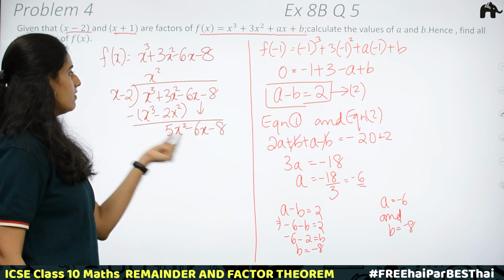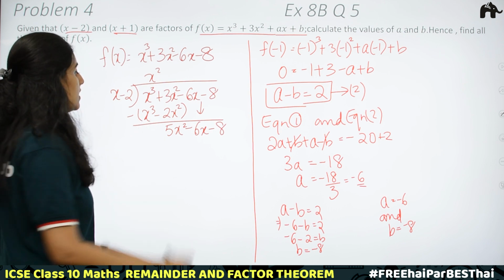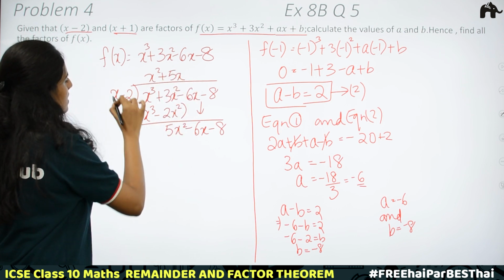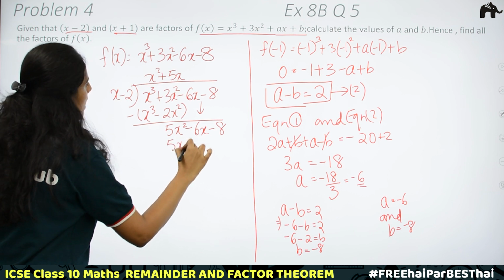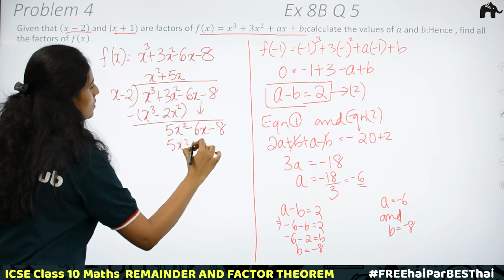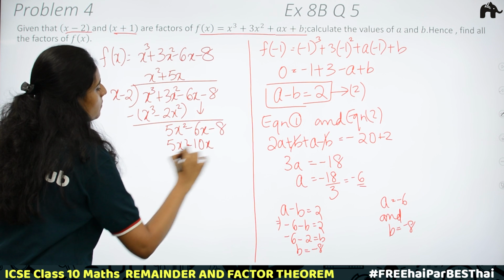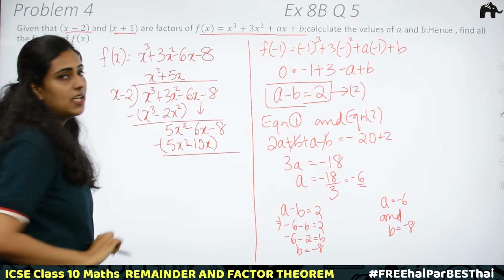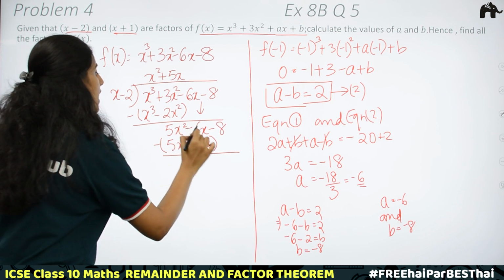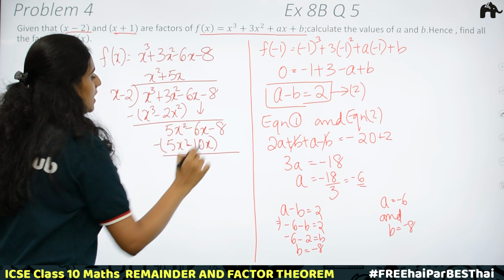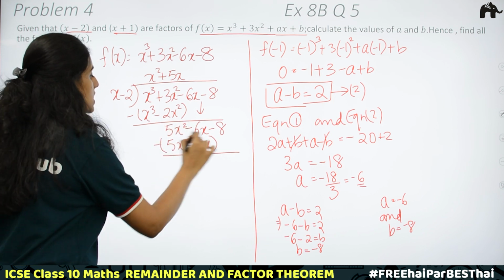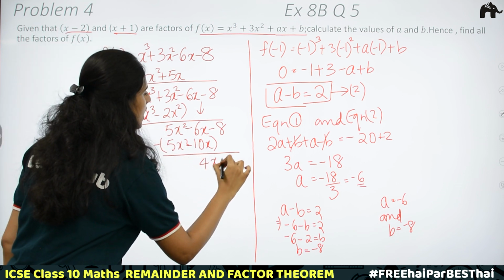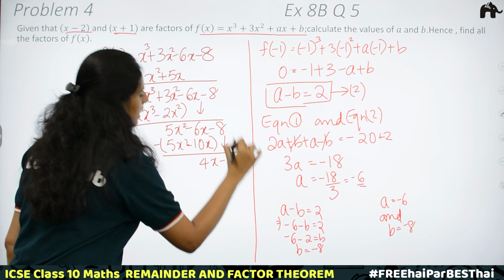Now, to get 5x square, x should be multiplied with 5x plus 5x. 5x into x is 5x square. 5x into minus 2 is minus 10x. On subtracting this, we get 5x square minus 5x square is 0. Minus 6x minus of minus 10x, that is minus 6x plus 10x, which is 4x. 4x, taking this down, minus 8.